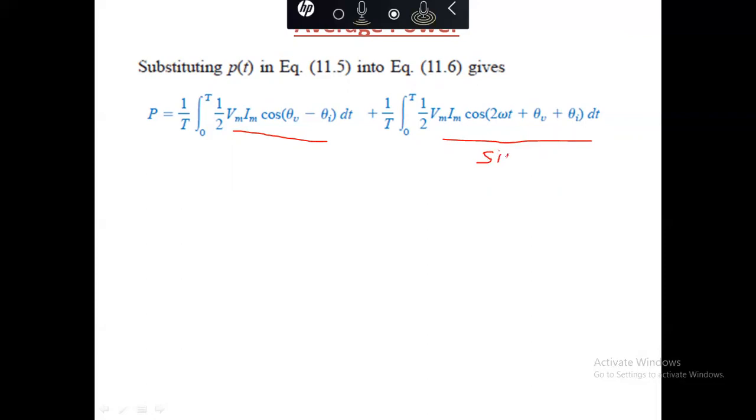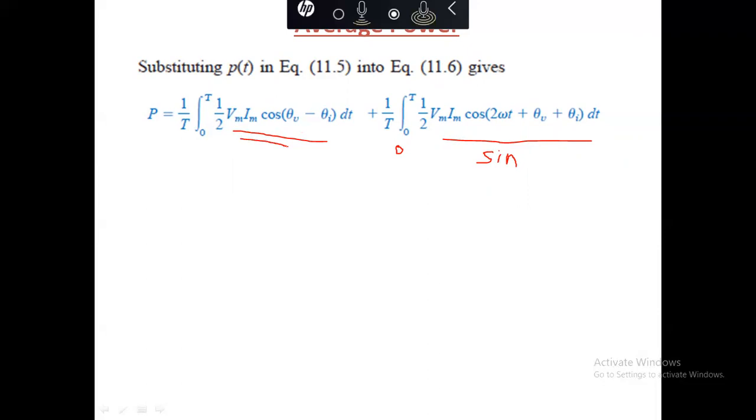And the sine of 2 omega t will in fact be 0, however many multiples of 2 pi you are taking. So all these multiples are 0. So this term reduces to 0, and we will take the average from the other part only.